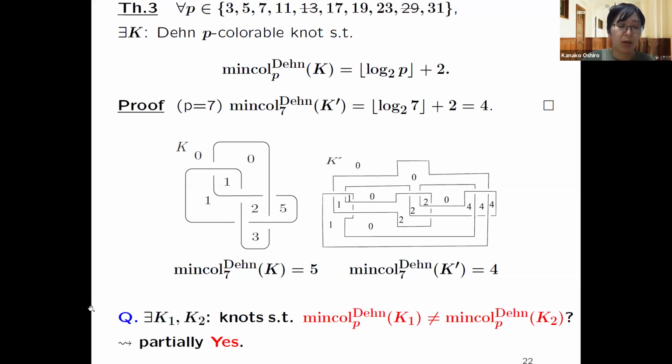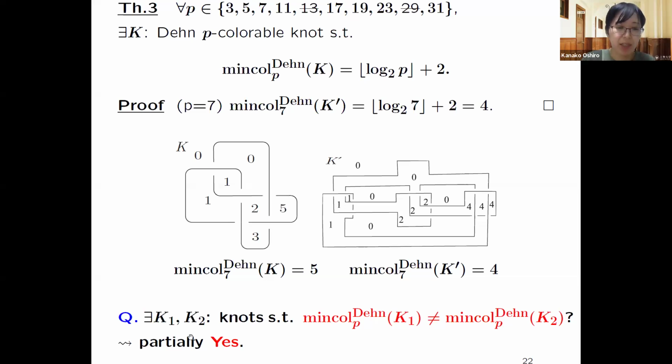So let's record this question. Do there exist 2 knots which can be distinguished by minimum numbers of Dehn 7 colors?